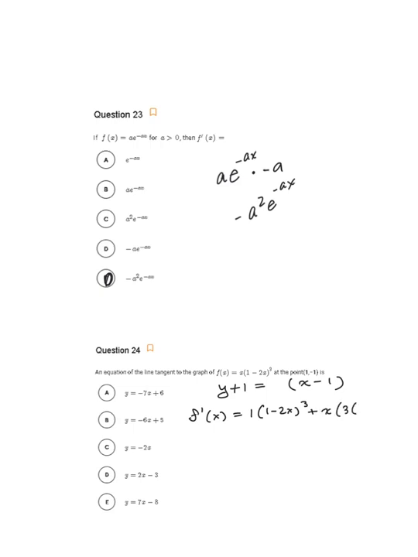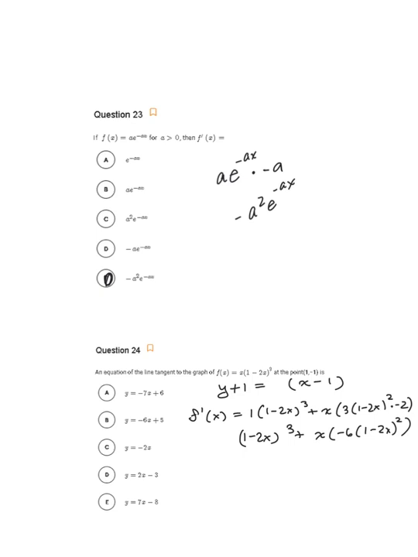In differentiating the second, I have to use the power rule and then the chain rule. So I have 1 minus 2x cubed plus x times, there's no benefit to me cleaning this up. It's just bothering me. Okay, so now I have to sub in 1.